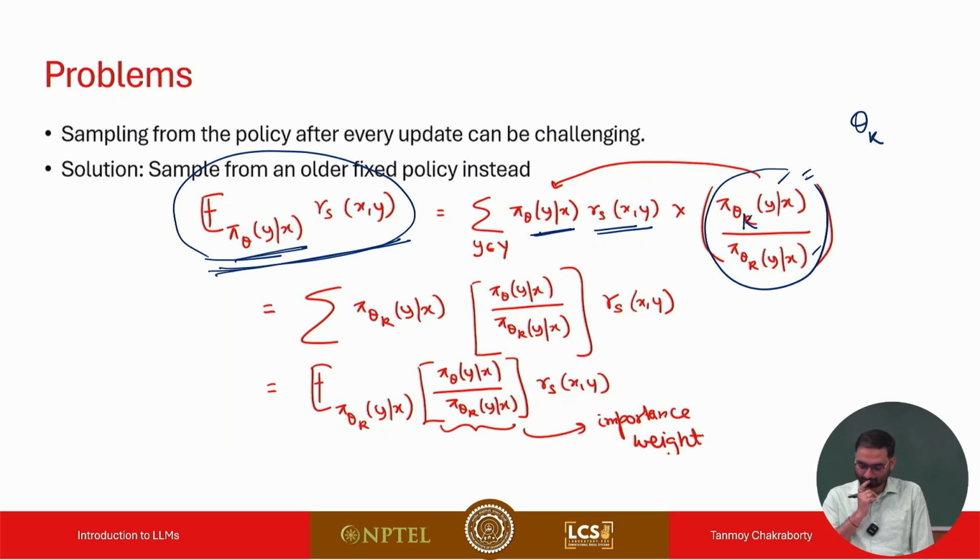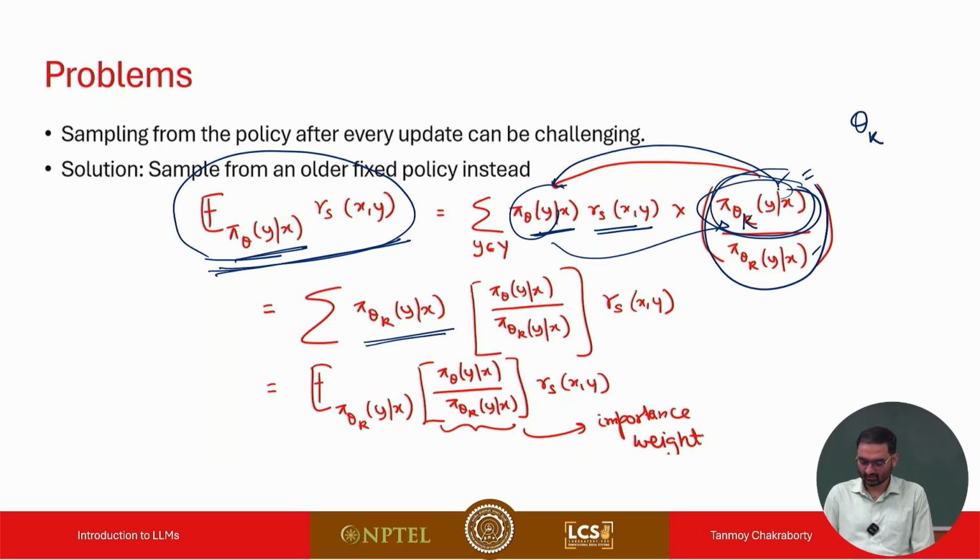Then I move this term here, and this term here. So pi theta k will come here, pi theta will go here, and then the reward. So now I am calculating the expectation with respect to the old model.